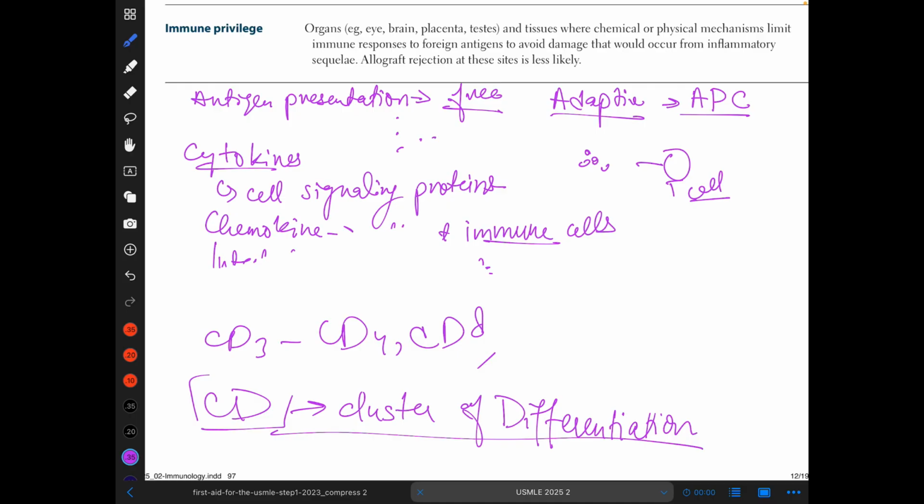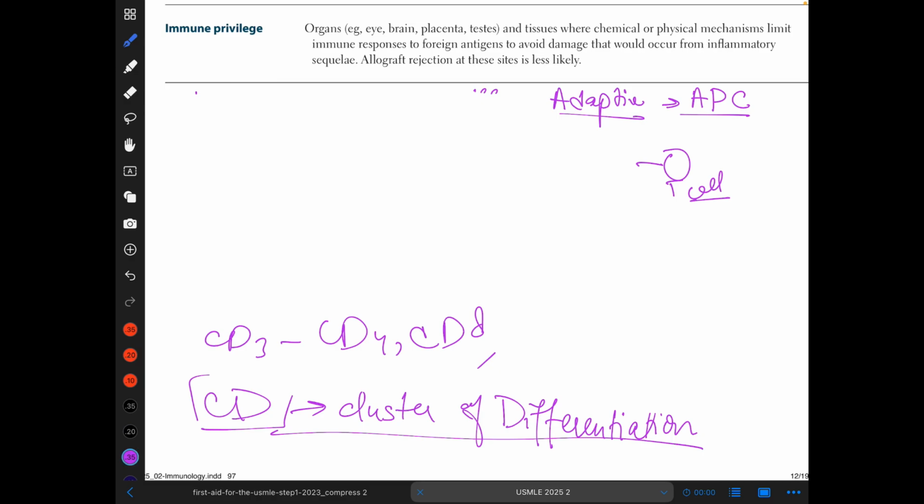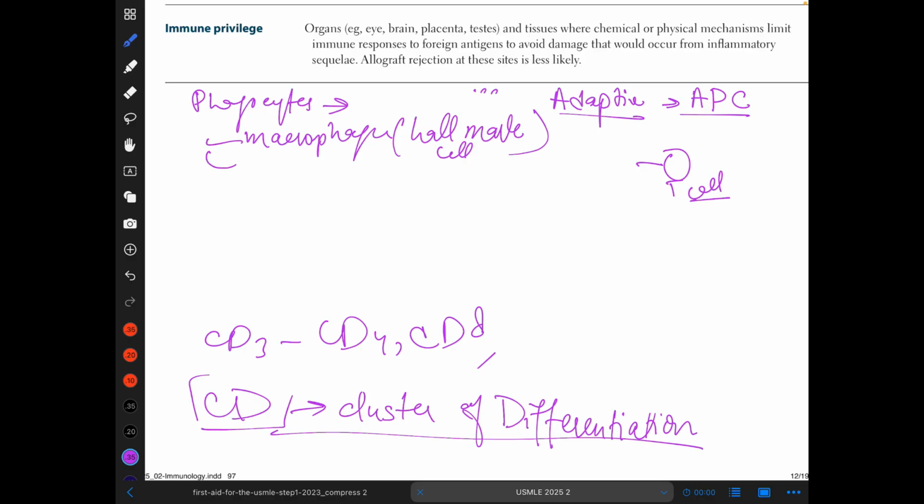We also have the innate immune system, in which there is phagocytosis, and in phagocytosis the macrophages are the hallmark, and also neutrophils are there. We have complement, natural killer cells, eosinophils, mast cells, and basophils, which you already know.